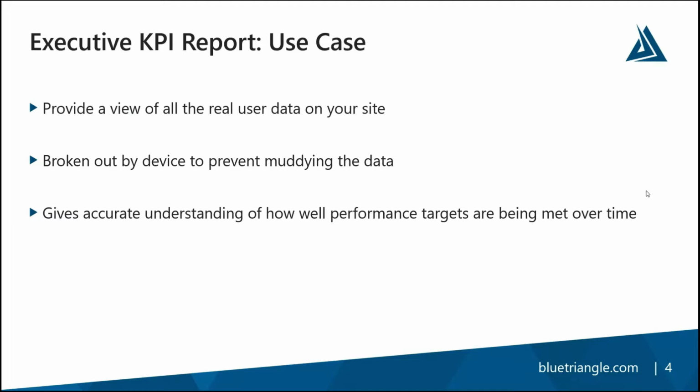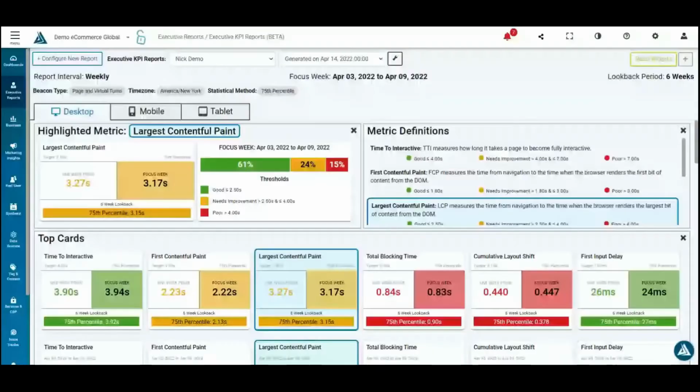So seeing the distribution of who's hitting those targets or who's not quite measuring up and how large those user groups are, and then being able to look at that as it changes into the future is going to be very, very valuable information.